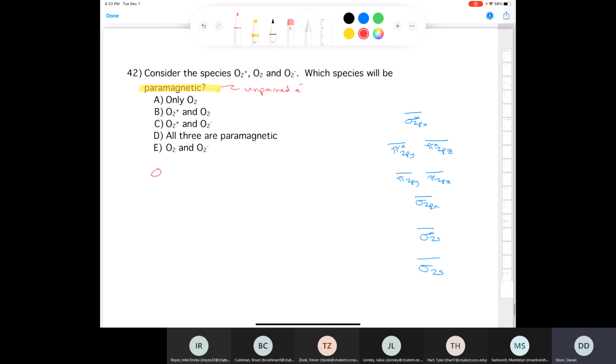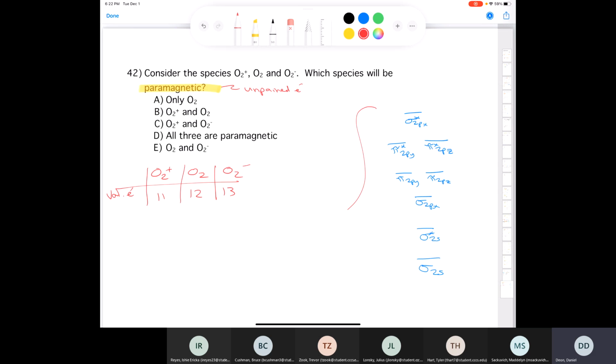If I look at these species, O2 plus, O2, and O2 minus, the number of valence electrons for each one of these. Okay, O2, we'll start with that one. It's the easiest one. Oxygen has 6 valence electrons. 6 times 2 gives me 12. O2 with a negative charge is going to have an extra electron, 13, and O2 with a positive charge is going to have 1 less electron.